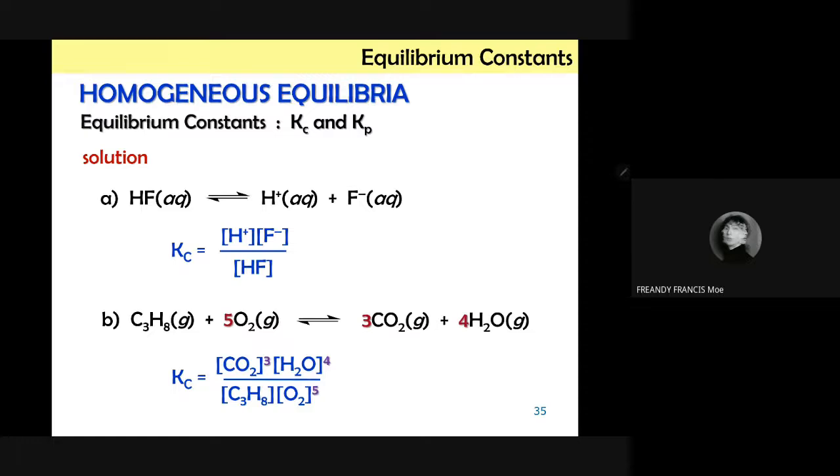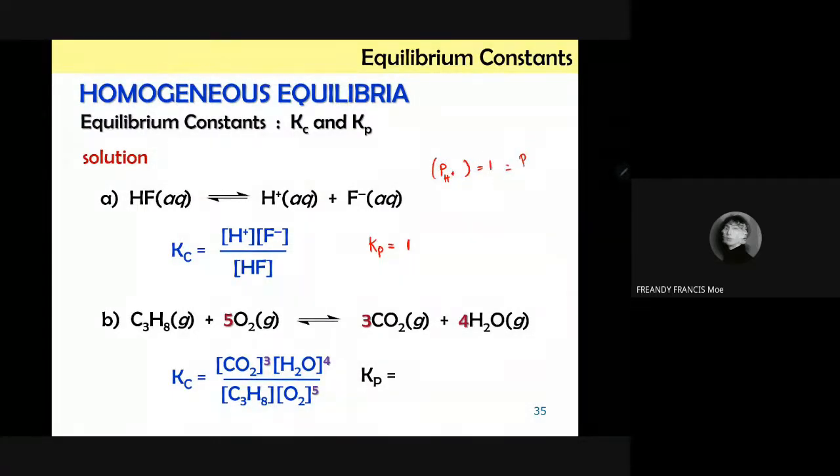Now, kalau kita nak tengok Kp pula, untuk yang atas ini, Kp yang atas ni sama dengan 1. Sebab, pressure of aqueous, aqueous adalah larutan. Kalau Kp kita kena pakai gas sahaja. Ini adalah larutan. So dia tak ada pressure. Kita anggap dia P of H plus sama dengan 1.